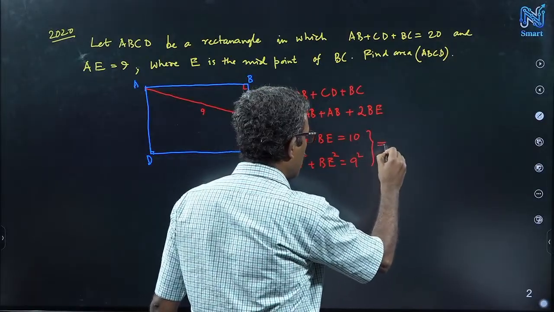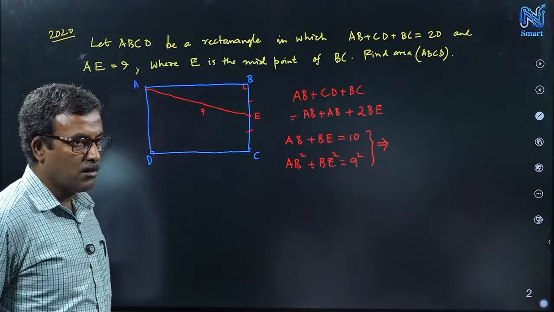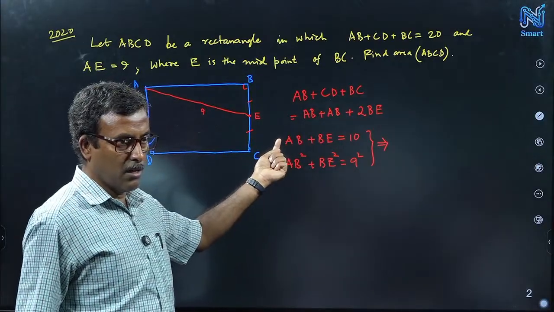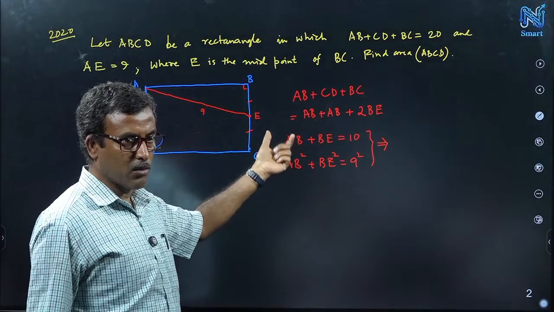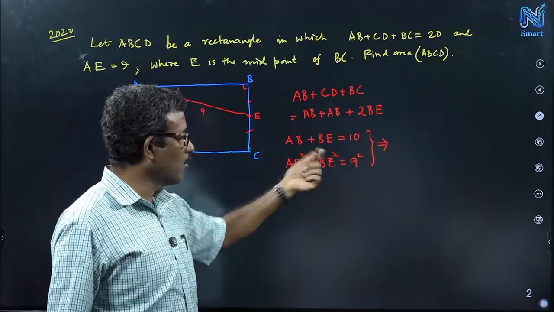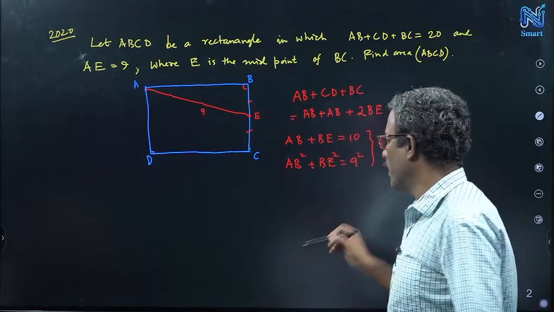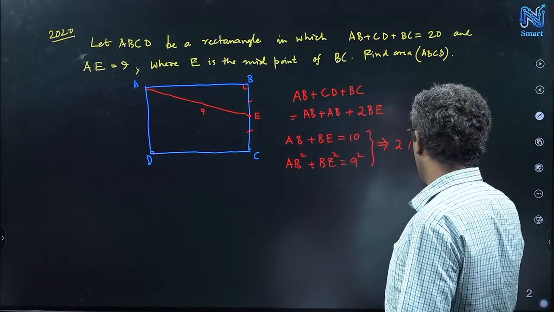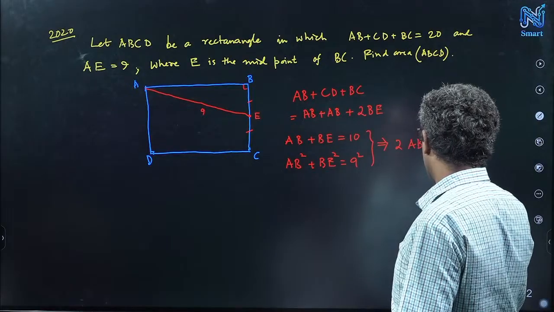You just square it. Square this AB plus BE. So it is AB plus BE whole square equal to 100 and AB square plus BE square is equal to 81. Then 2 AB into BE equal to 19.